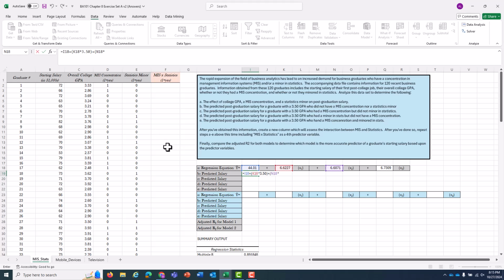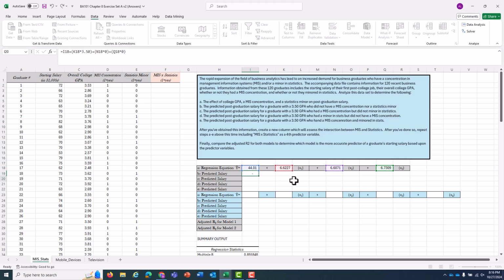Well, 1 is yes, which means 0 is no. So we're going to put a 0 in there, and then for the last pair, this is going to be equal to our coefficient for the stats minor times what we're testing for, and this is nor a statistics minor, so this should also be a 0. So all in all, our formula should be like that: 3.5 GPA with a 0 for each of the MIS concentration and the stats minor respectively.